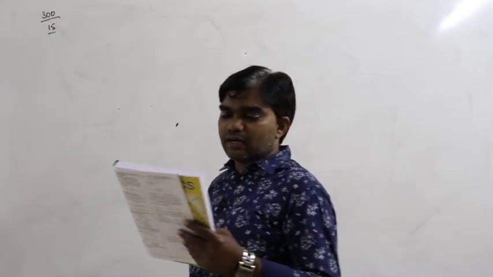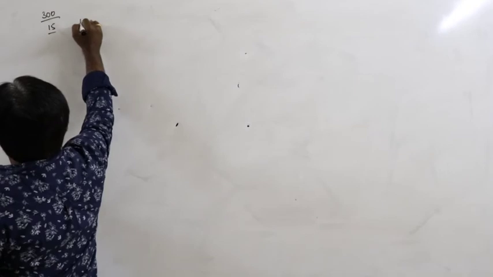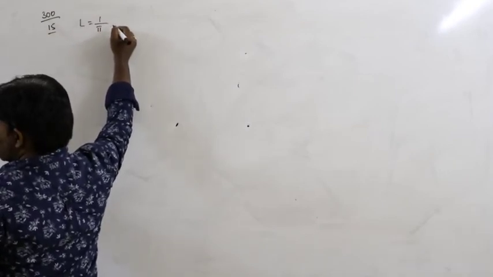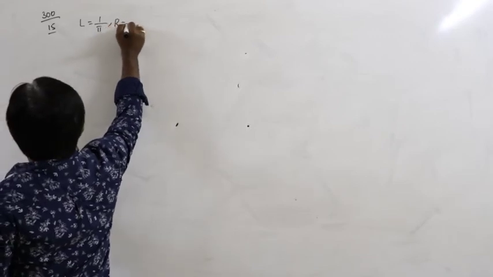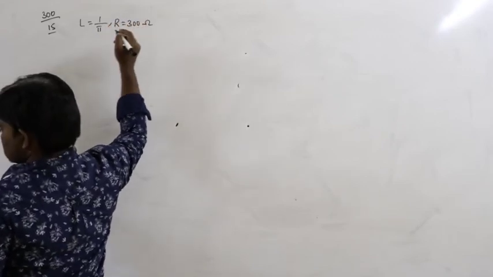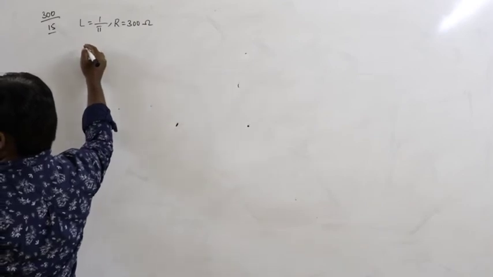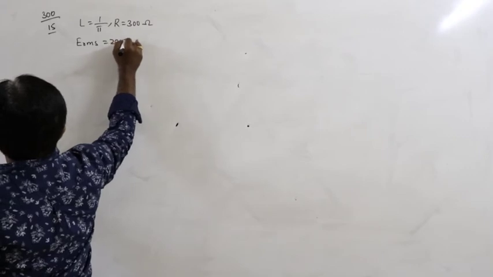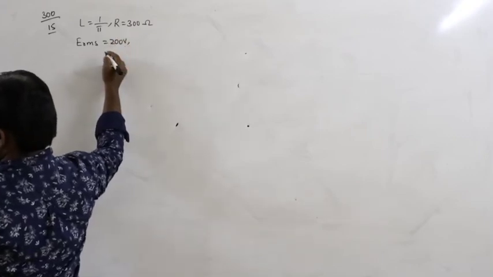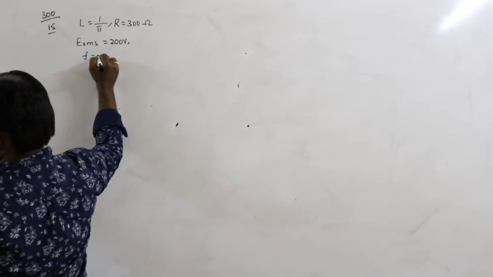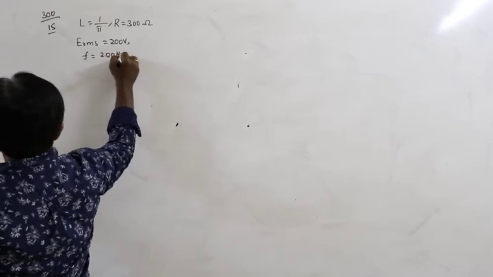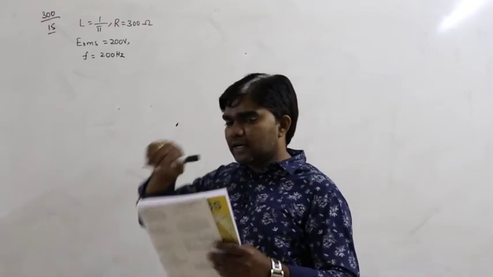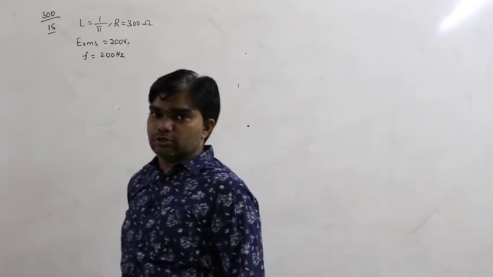A coil of self-inductance L equals 1 by pi Henry is connected in series with a 300 ohms resistance. A voltage, that is E RMS, of 200 volts and frequency f of 200 hertz is applied to this combination. The phase difference between the voltage and the current is asked.